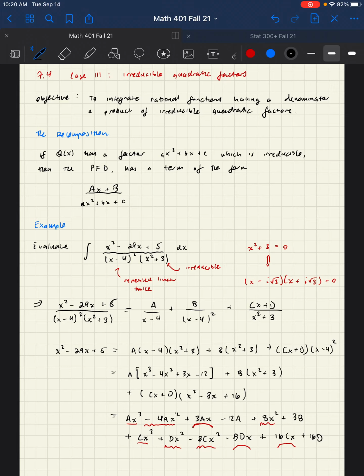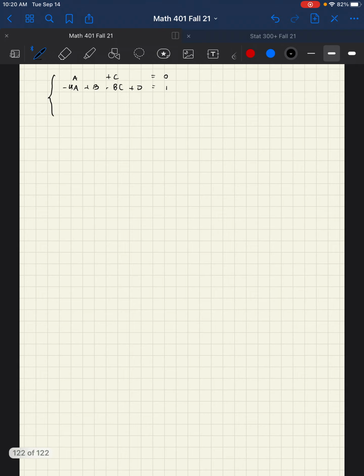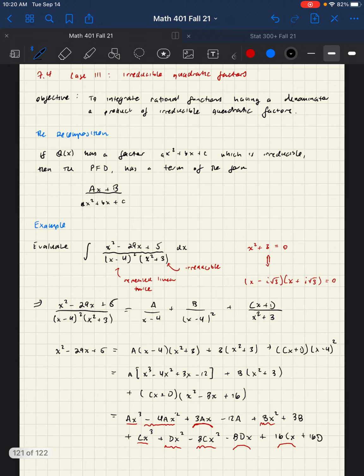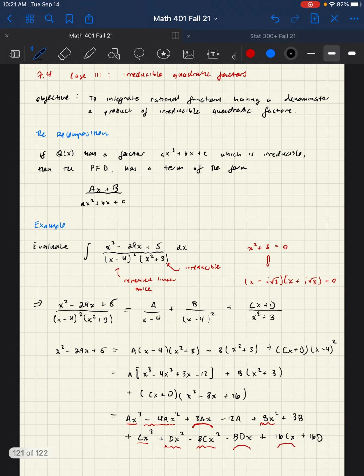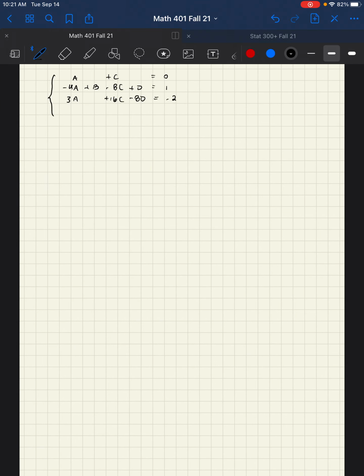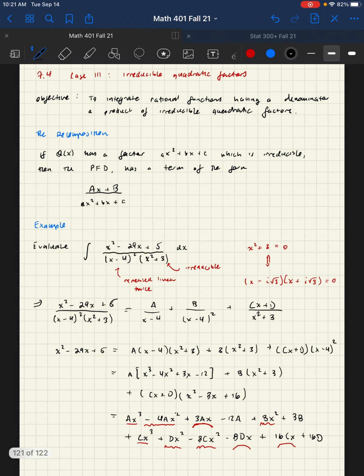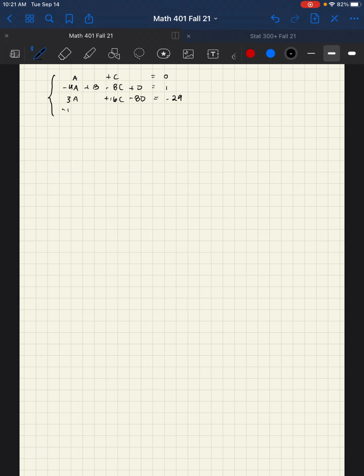Yeah, no x terms with B. So 3A plus 16C minus 8D equals negative 29. Okay, that I'm pretty sure you can hear. And lastly, constant terms, we have negative 12A plus 3B plus 16D.